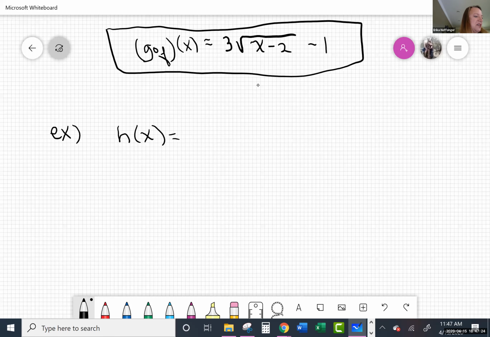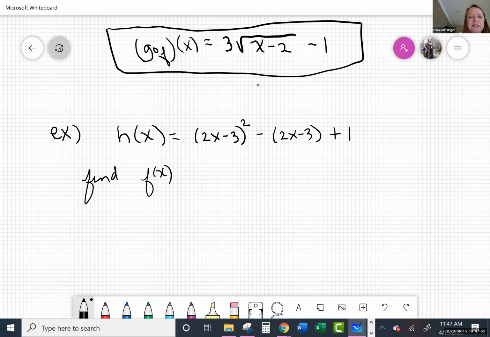Let's say that you were given that h of x is equal to 2x minus 3 quantity squared, minus parentheses 2x minus 3, plus 1. And we want to find an equation of f of x and g of x.